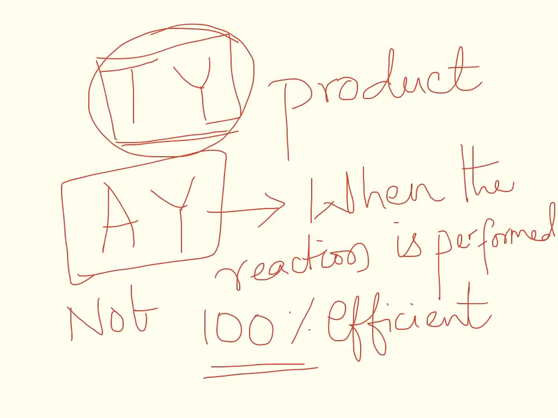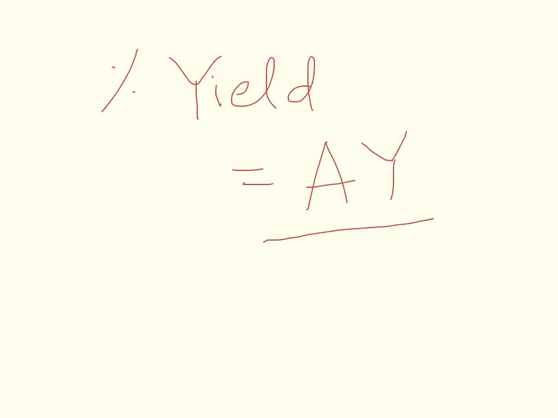You will not get all 100% of the theoretical yield. So what is the efficiency of the reaction? Percent yield, the efficiency of the reaction, is actual yield divided by theoretical yield multiplied by 100. That will be the percent yield of the reaction.